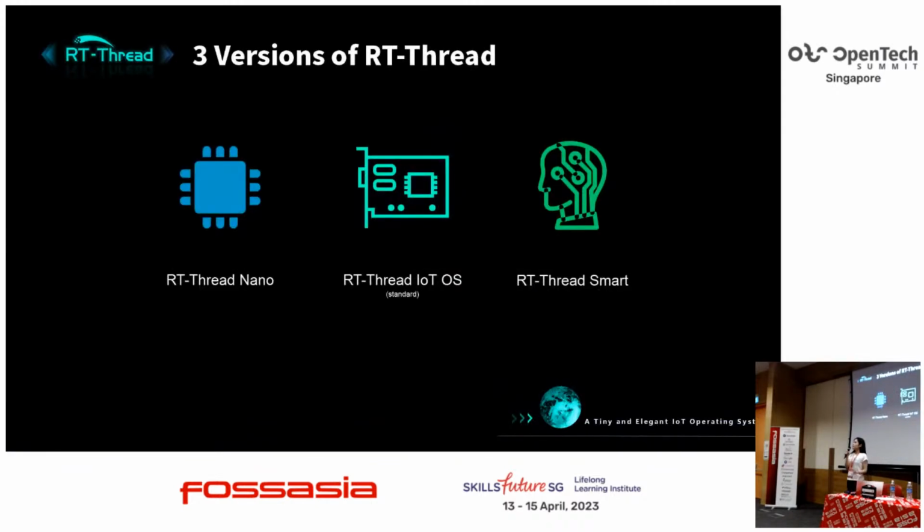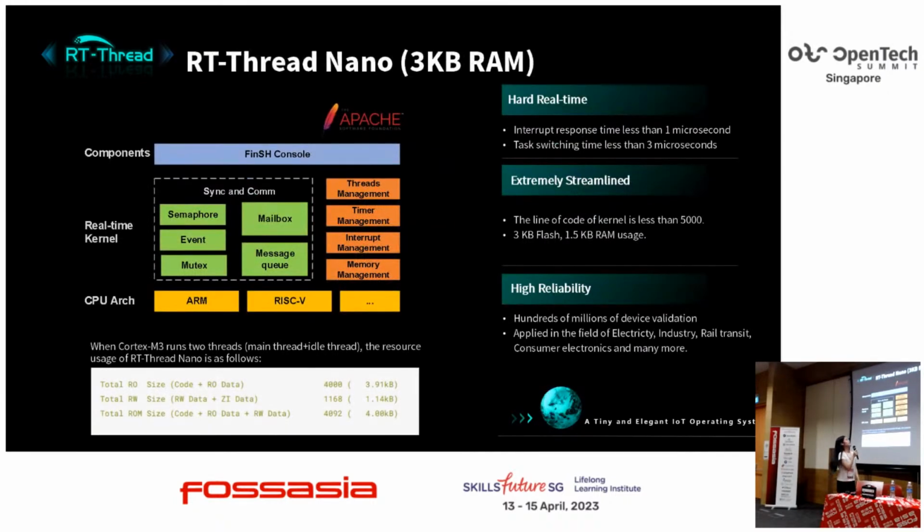On the technical side, there are 3 versions of Artifra available. Artifra Nano, Artifra Standard, which is for the IoT operating system, and Artifra Smart, the microkernel operating system. We will start with the Artifra Nano.